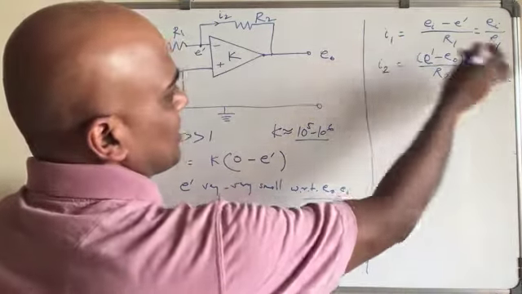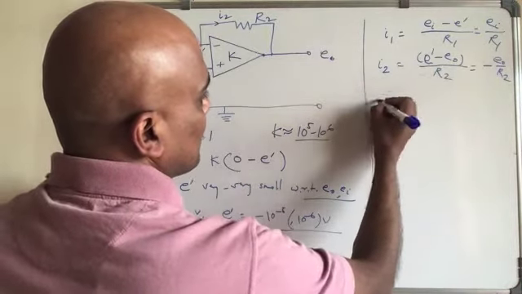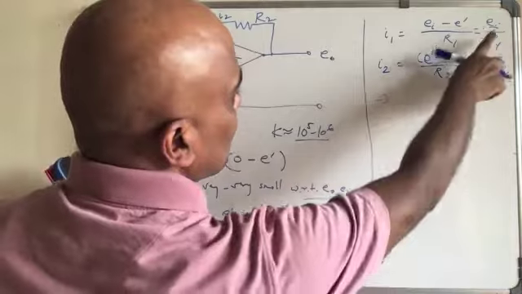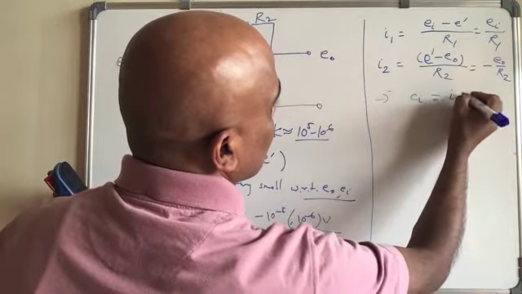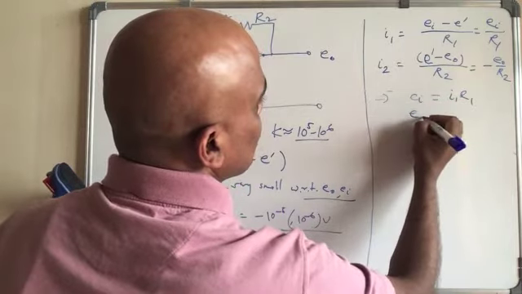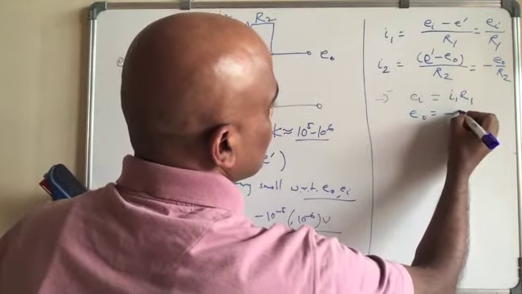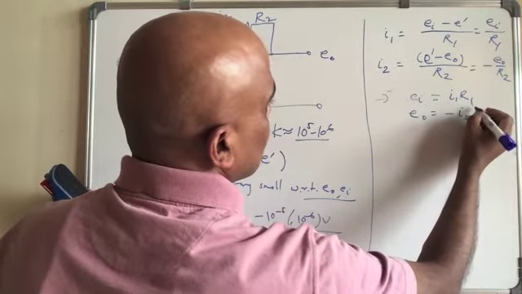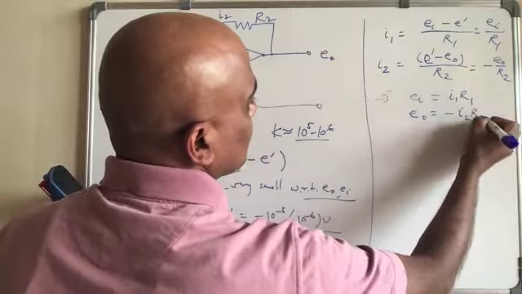From the first equation you get EI equal to I1 R1, and from the second equation you get E naught equal to minus I2 R2.